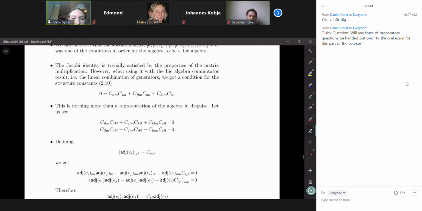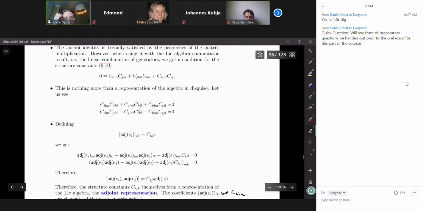Then in the second term, c_jlm is the same, but I have swapped the order of the i and the k indices for the second c, and this is compensated for by a minus sign. Similarly, in the second term, the last c is the same, but in the first c, there is an order swap again of k and l.